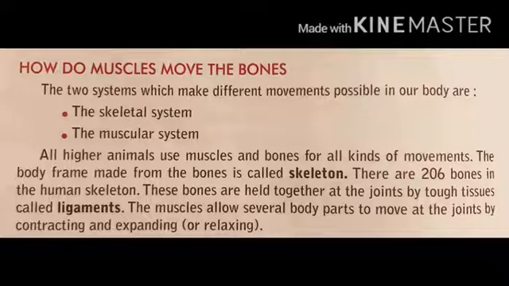The muscles allow several body parts to move at the joint by contracting and expanding or relaxing. Bones provide leverage for rapid contraction and relaxation in the muscles. Muscles work in pairs. When one muscle relaxes, the other contracts.